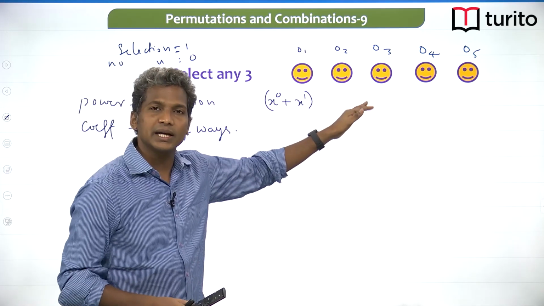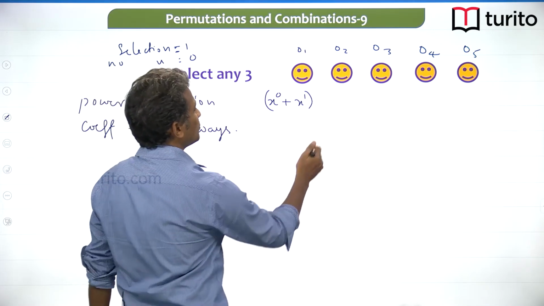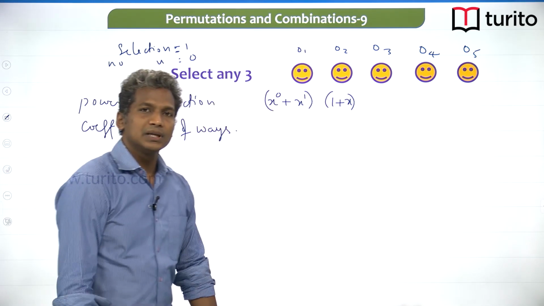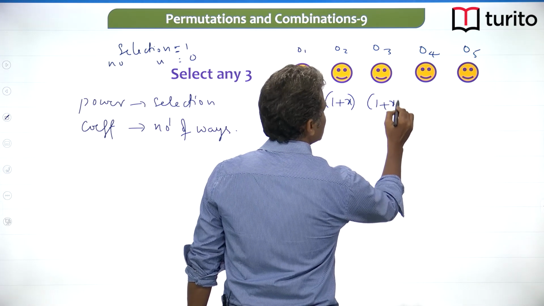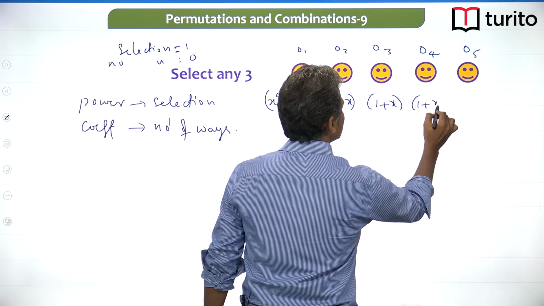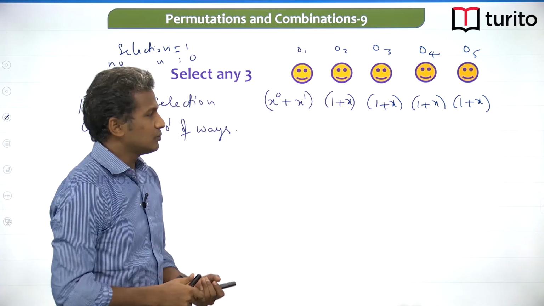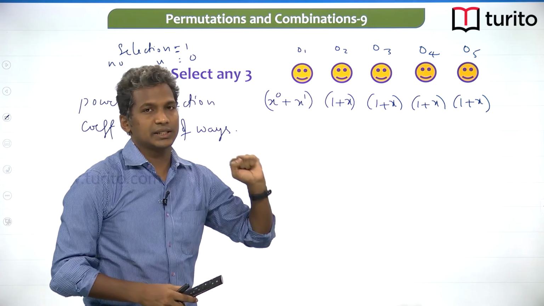Can we do it for the second object? Of course we can do it in a similar way. So for the second object also the function becomes 1 plus x. Similarly for the third object, the fourth object, and the fifth object. Now if you notice, we have 5 factors here.